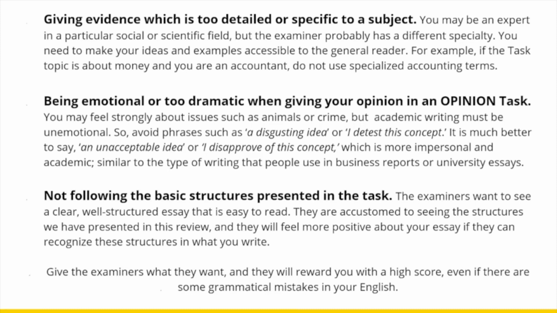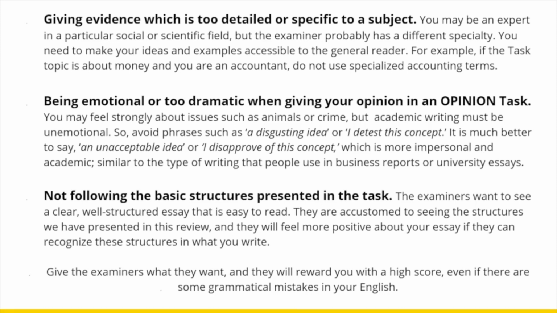And the last point we have on this PowerPoint slide is not following the basic structures presented in the task. That means that examiners want to see a clear, well-structured essay that is easy to read. They are accustomed to seeing the structures we have presented in this review. You remember how we had our introduction, body paragraph, conclusion.